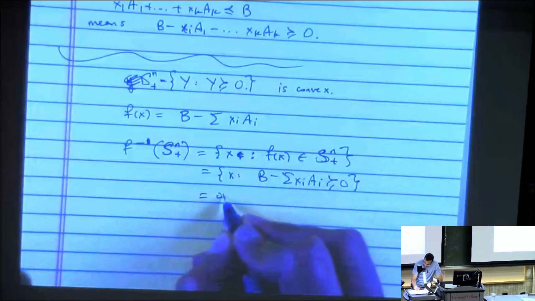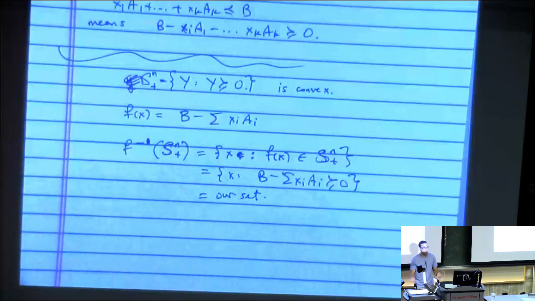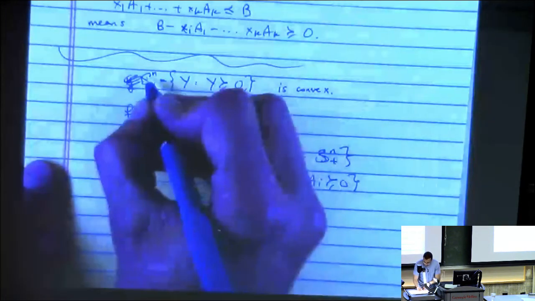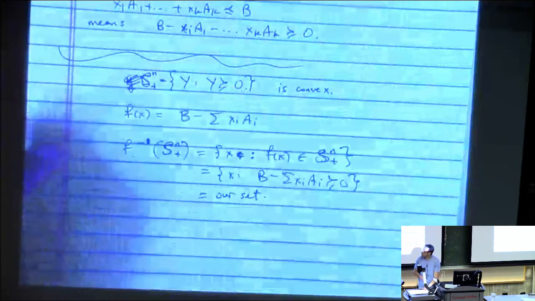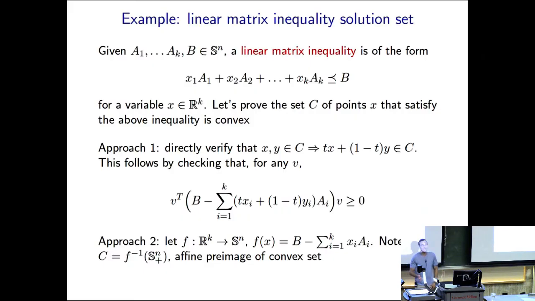That's our set. So it's just a preimage of the PSD cone under a linear map. Therefore, it's convex. This is an example of how we might save ourselves from having to work from the definition, which in many cases would require more work.